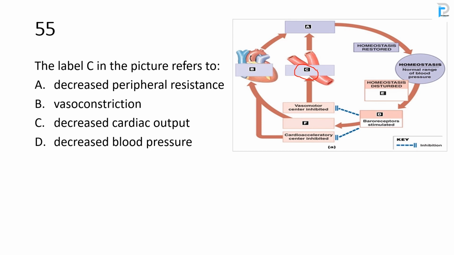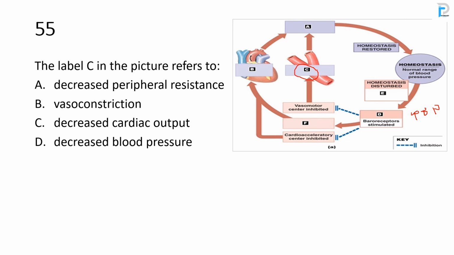Once there is a disturbance in the homeostasis of blood pressure, you see here the baroreceptor is stimulated, which means the pressure is high. Stimulation of the baroreceptor causes inhibition of the vasomotor center.